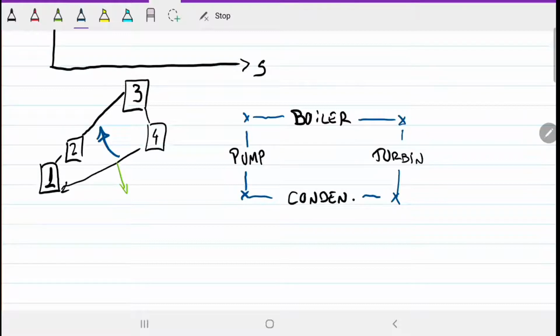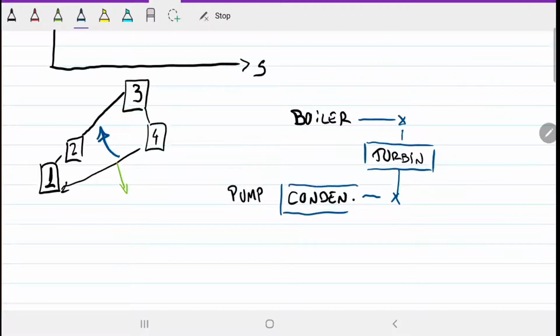But then, if I want to include an open feed water heater in this, what I need to do is take this pump away and put it on this corner here, like this. And then once I hit my turbine, instead of making everything leave and go into the condenser, I'm going to have the open feed water heater, let's do it like that, over here.